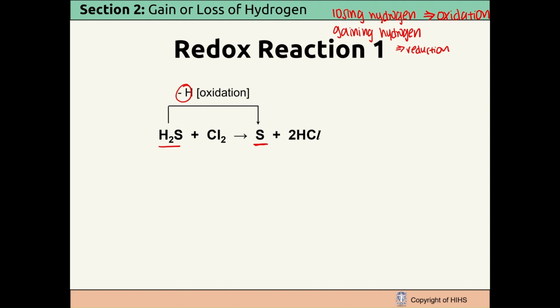So this is oxidation. How about your chlorine, your Cl2? It forms HCl over here in the product, right? There is a gain in your hydrogen. Gain of hydrogen. So this is a reduction reaction.